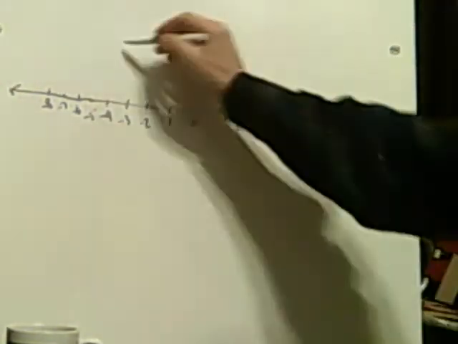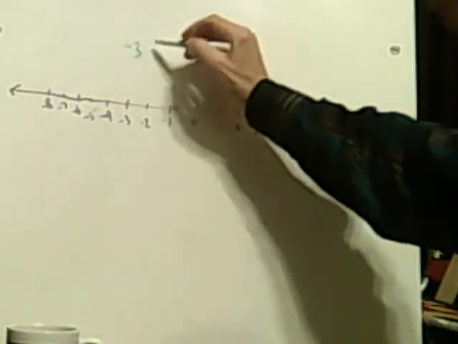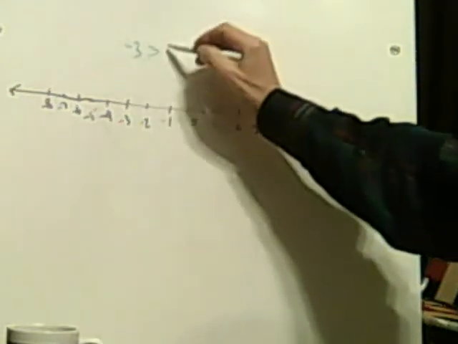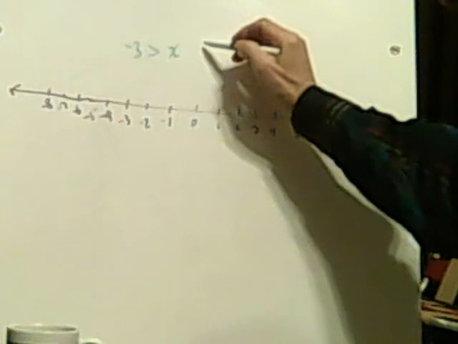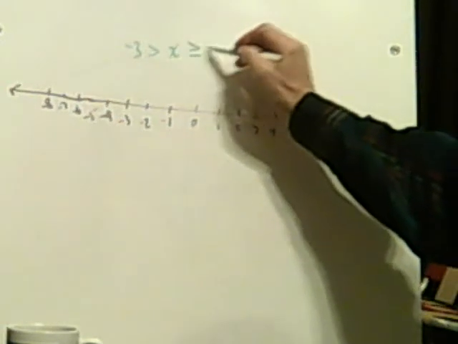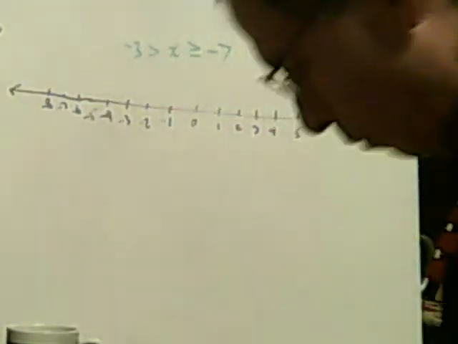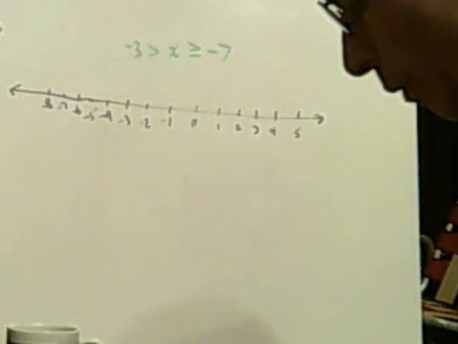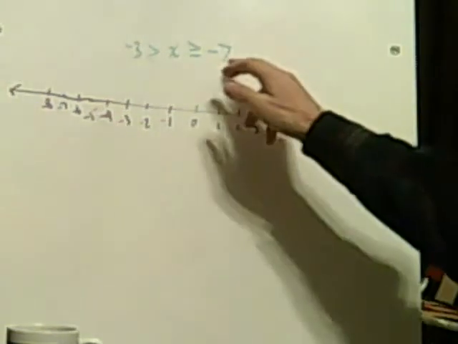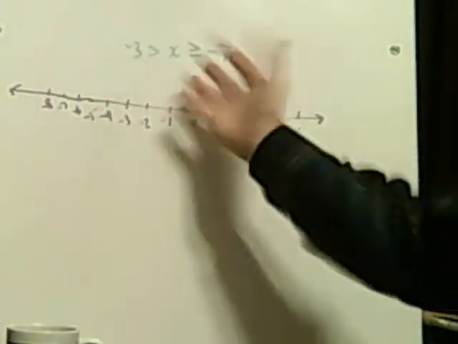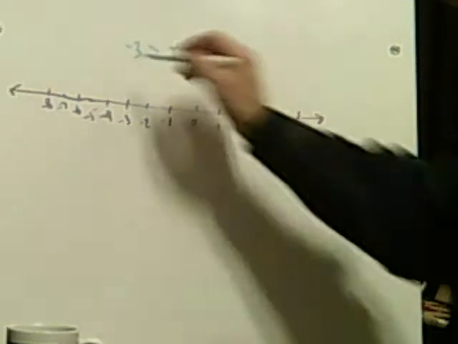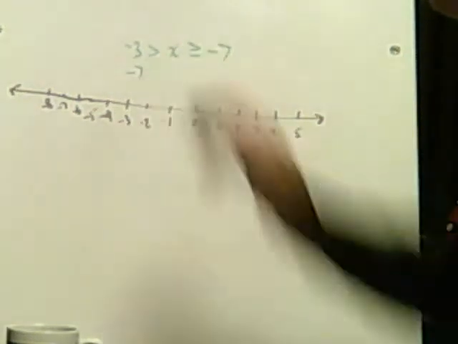Okay, the next one says -3 is greater than x, which is greater than or equal to -7. Now, you can see they put the smaller number on the right. It's kind of backwards. I would want to redraw this to have the -7 over here.